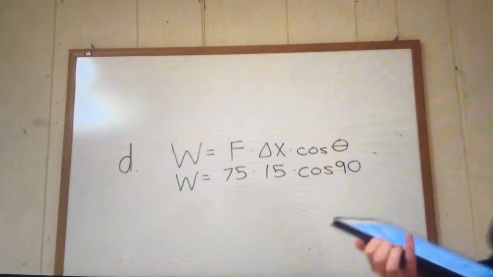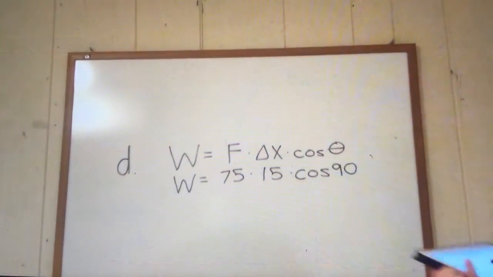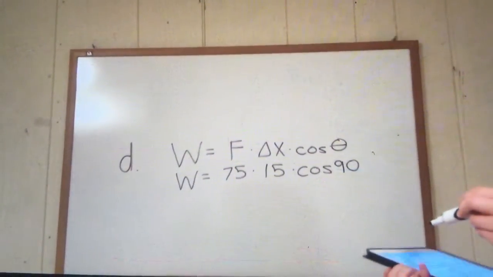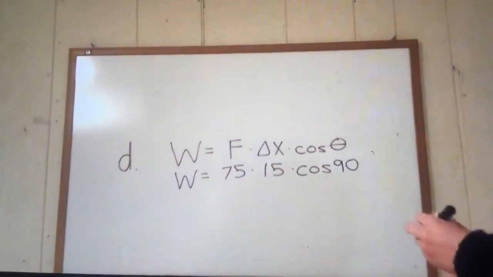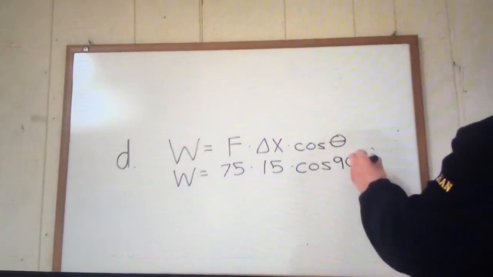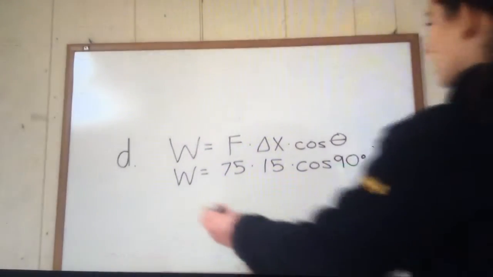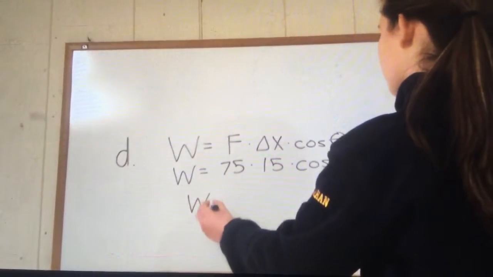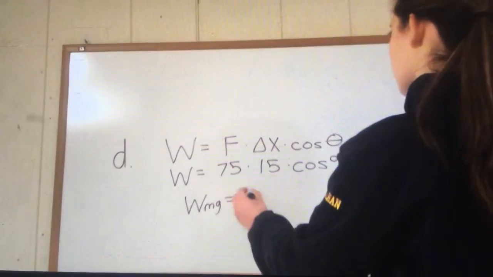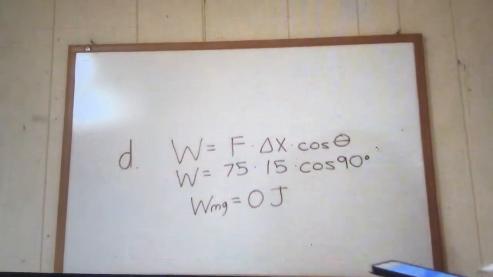Theta is 90 because mg also makes a 90-degree angle with the surface. And since, as we know, cosine of 90 is equal to 0, the work done by the gravitational force is equal to 0 joules, just like the normal force.